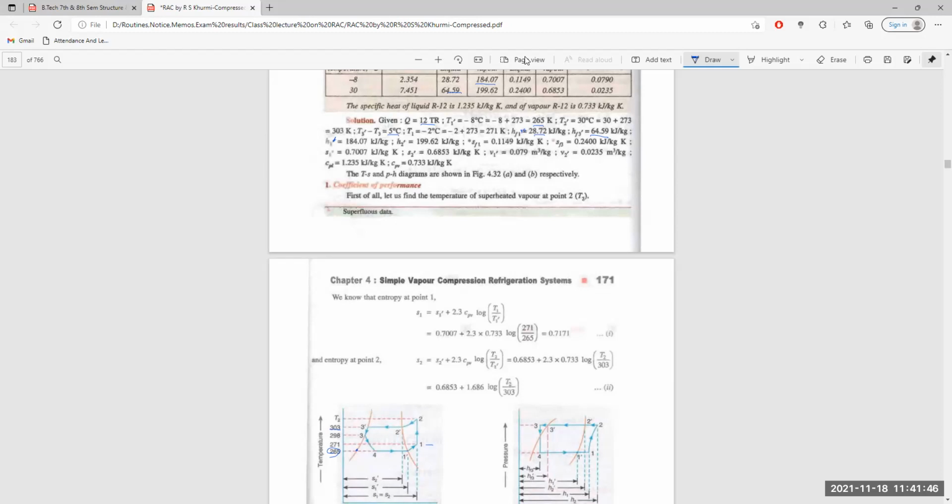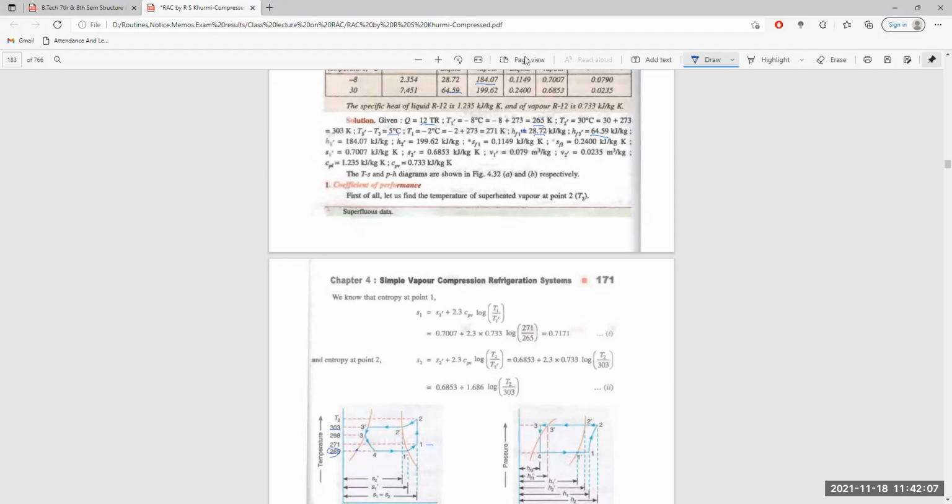And H3 is also H1 itself. It is written here as H1.